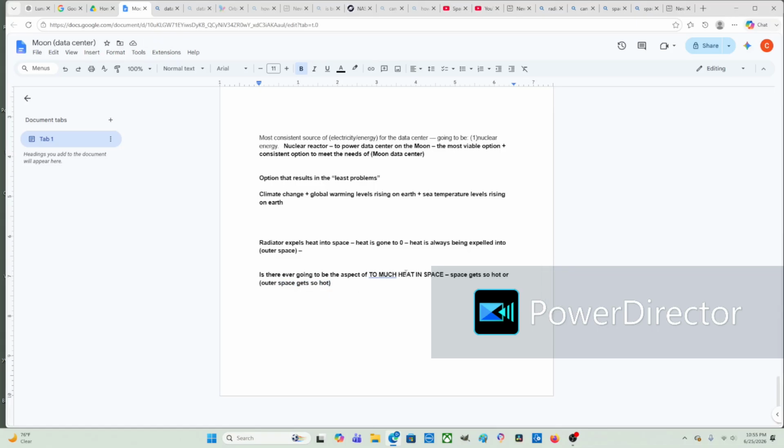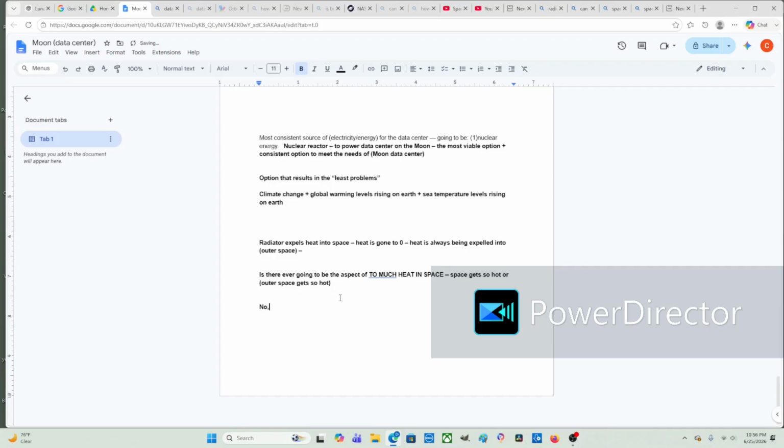And I remember asking Apple AI about this question, and basically it said, with this aspect, all of this heat is being expelled into outer space. Will outer space ever get so hot? And basically, what the Apple AI said is this.